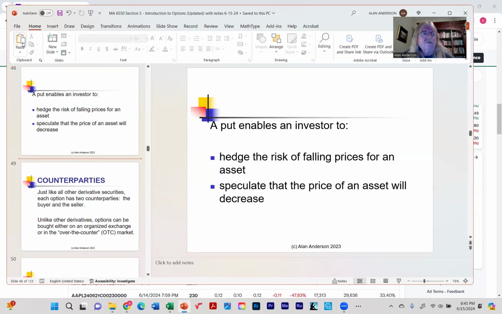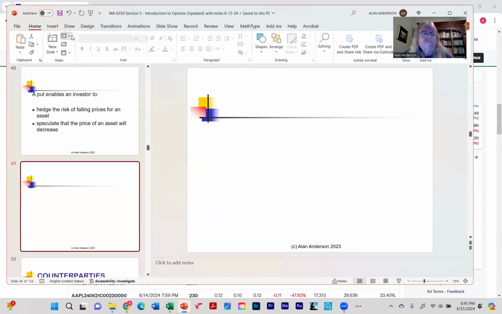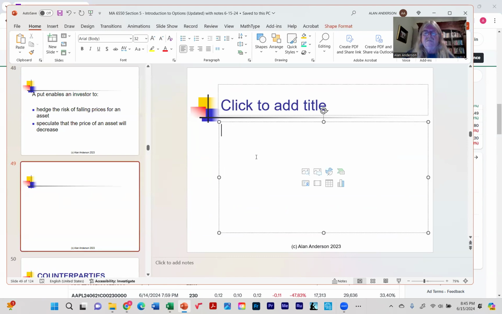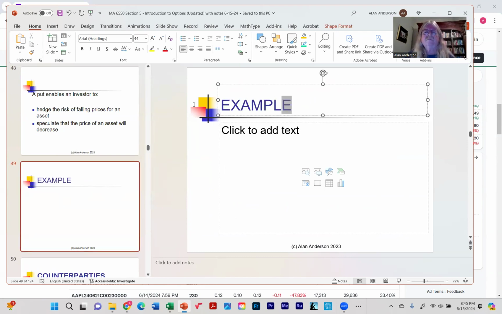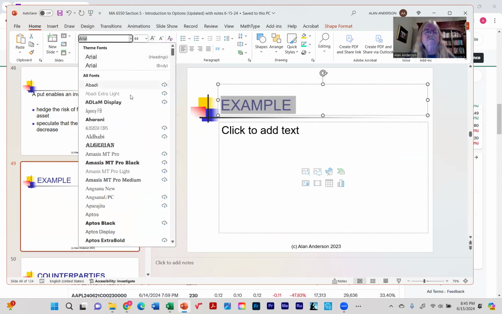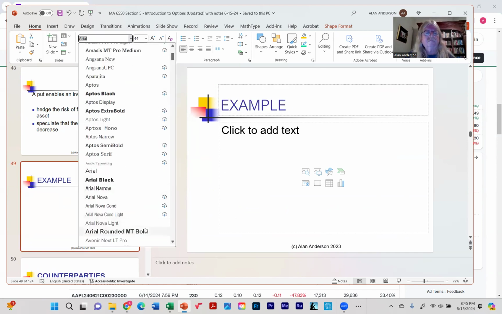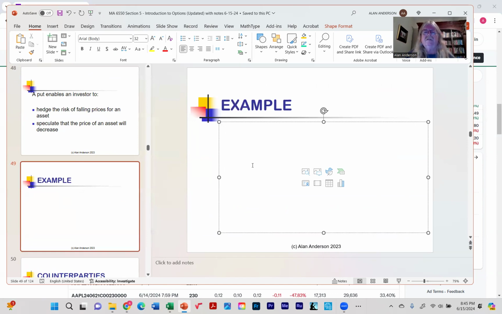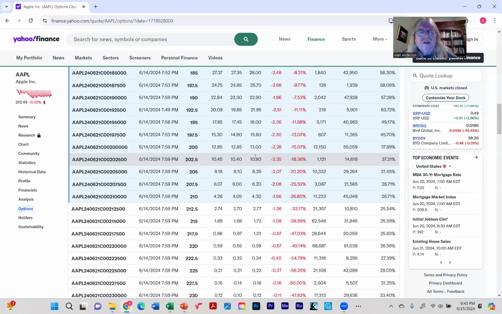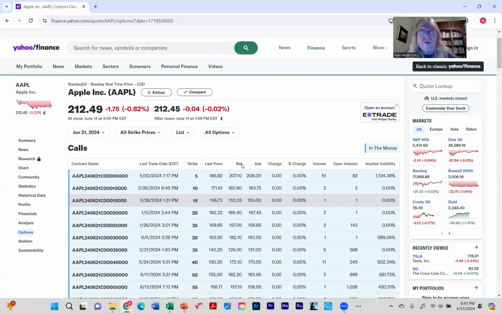Let's just take a look at this for a second. As of today, the 15th, Apple stock is selling for, what did I say it was? 212.49.